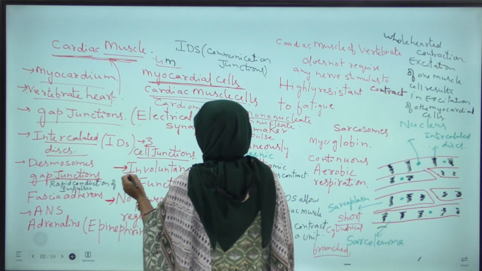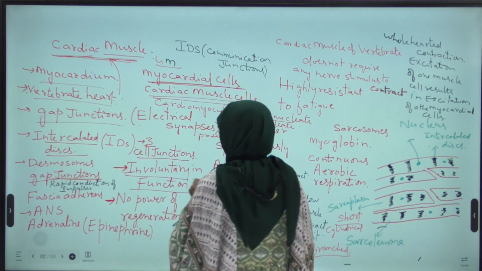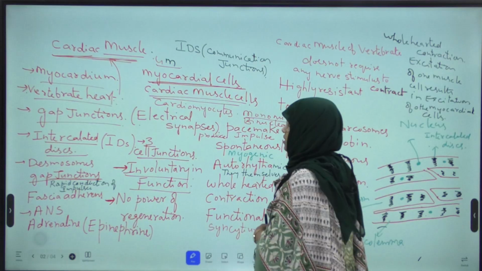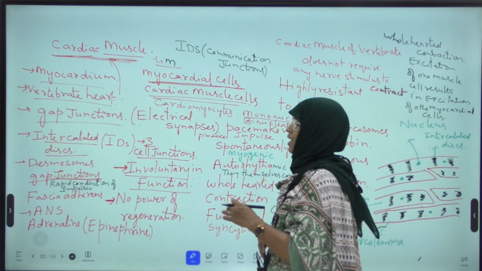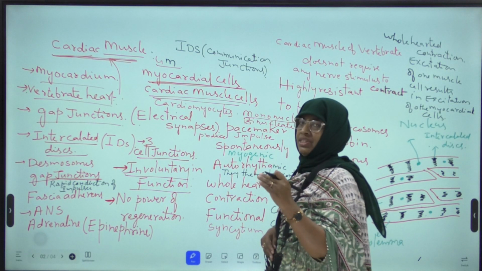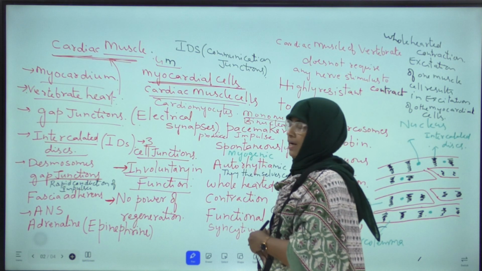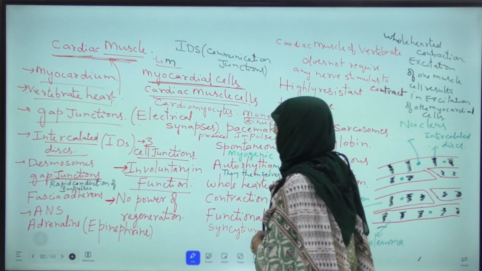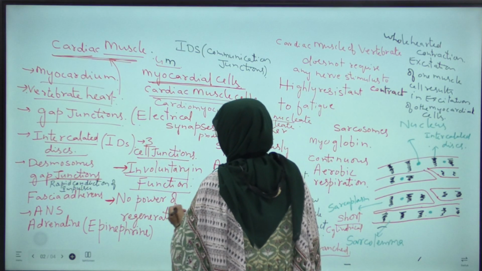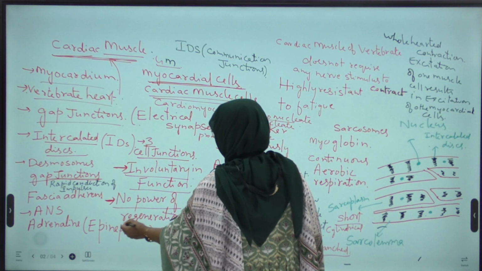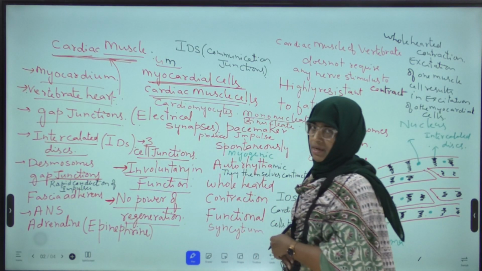Next, cardiac muscle is involuntary in function, meaning it is not under the conscious control of the organism. Regarding the power of regeneration, there is no power of regeneration in cardiac muscle.